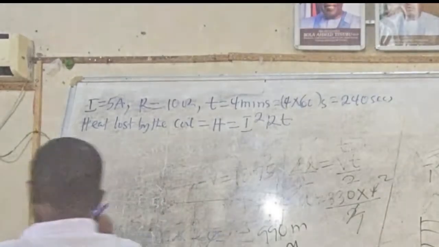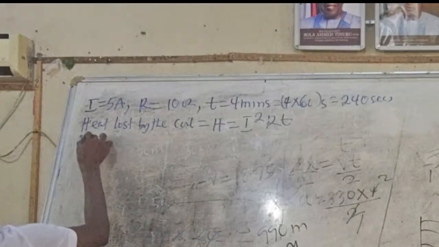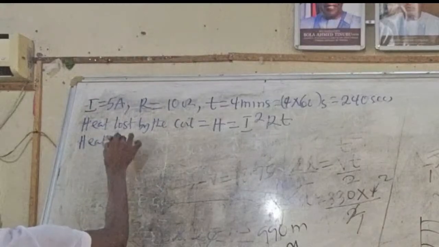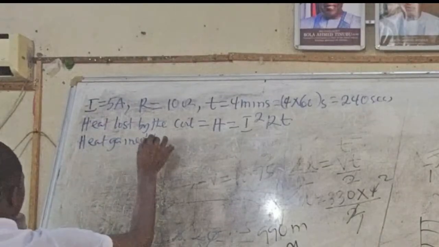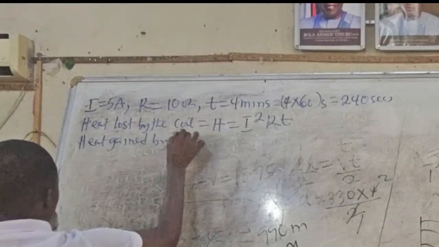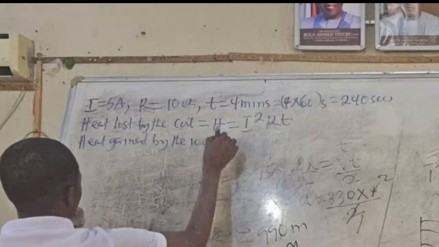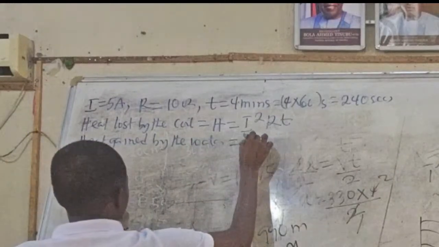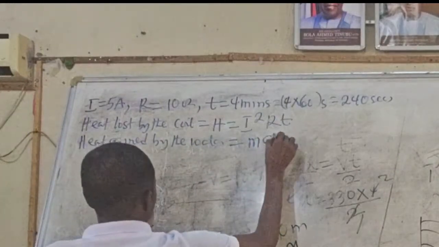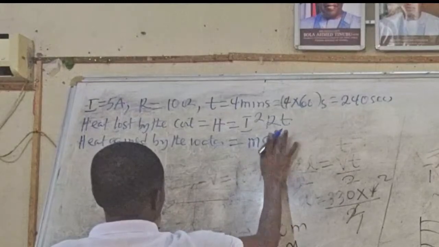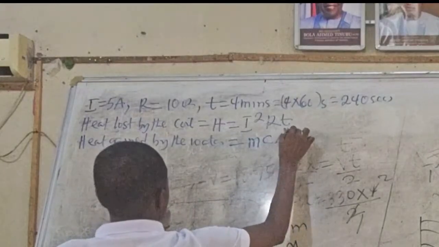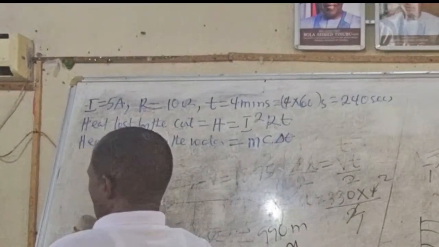Heat gained by the water is going to be MC, then change in theta. Now, what do we do?